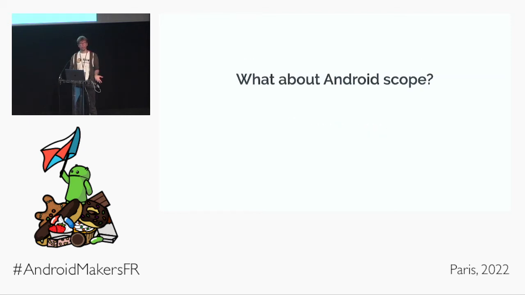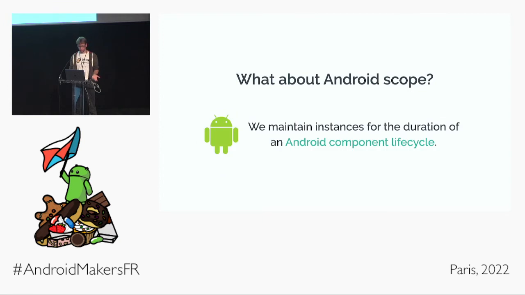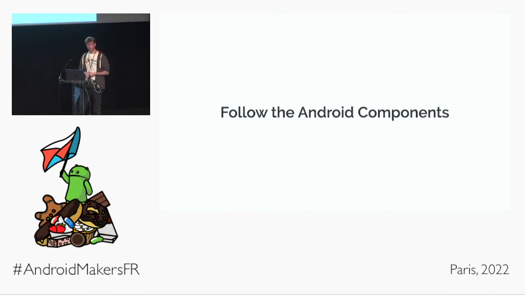One particular scope that you may know is the Android one, because we need to work with the Android lifecycle, and sometimes deal with tricky component lifecycles on the Android side. How can we do that? With Koin, you can just follow the Android components.